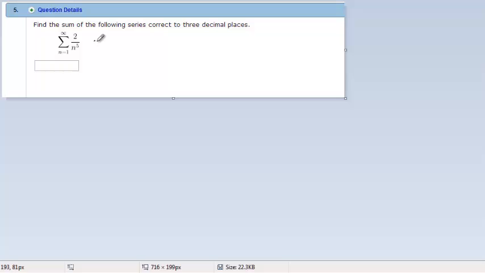Let's say I separate the first k terms, which will be 2 over 1 to the 5th, which is 2, plus 2 over 2 to the 5th, which is 2 over 32, which is 1 over 16, plus 2 over 3 to the 5th, and so on. So let's say I take the values up to k, so I will get 2 over k to the 5th. These are the first k terms.